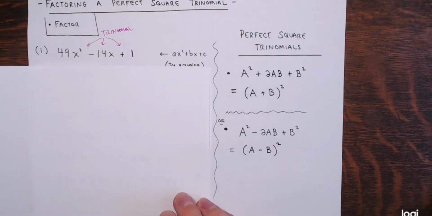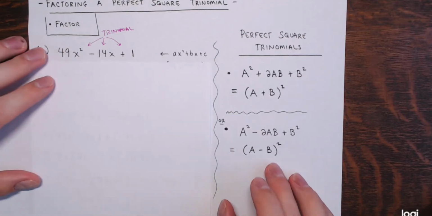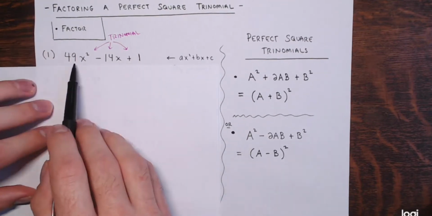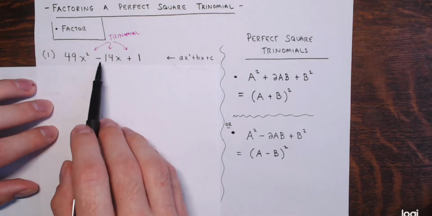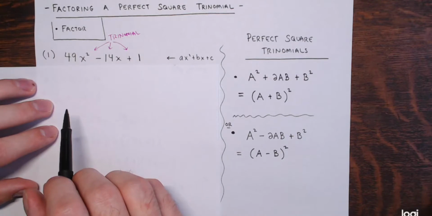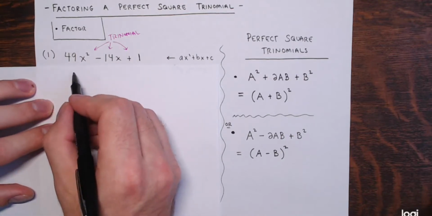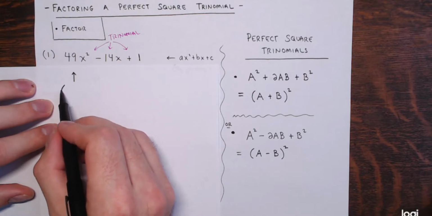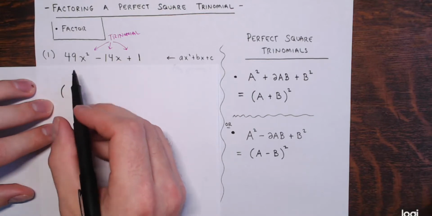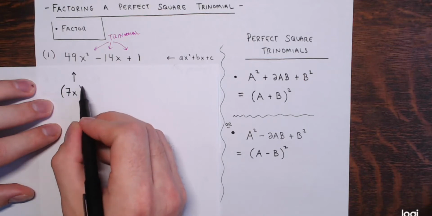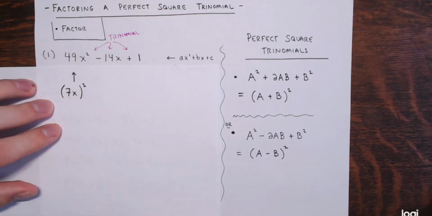Instead of factoring it by grouping, one thing I'll say is, you're given a trinomial, and you put it in descending order by power: square term, then first-degree term, then constant. If you notice that the first term is a perfect square, 49x squared I can express as 7x to the second power, 7x times 7x.